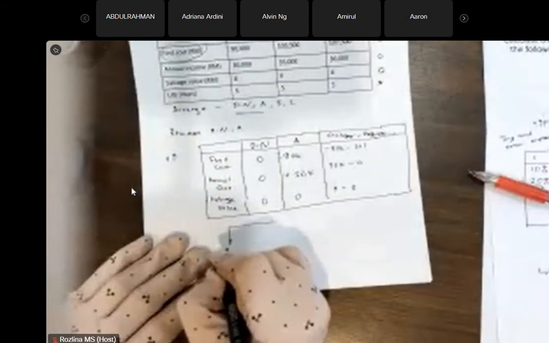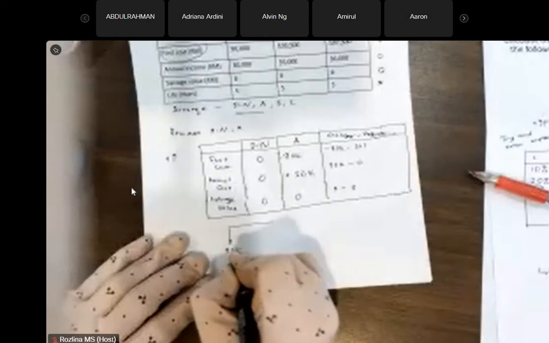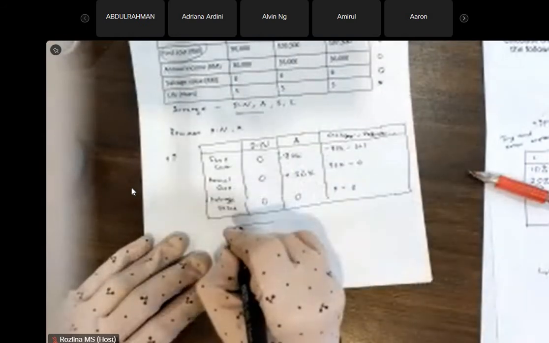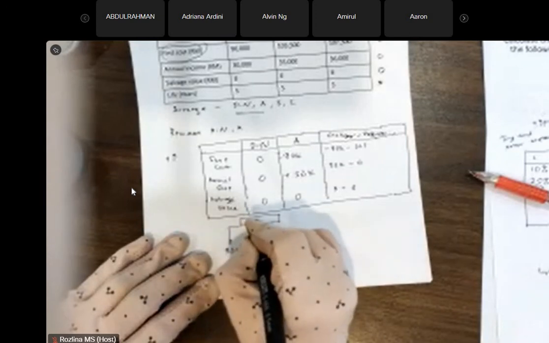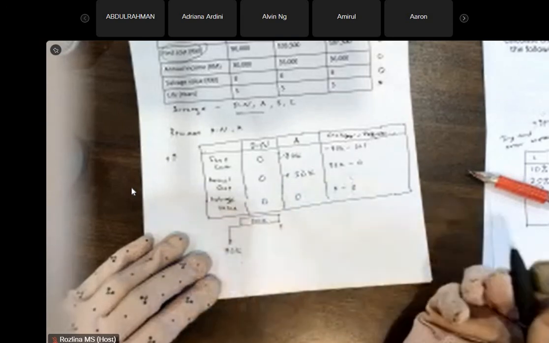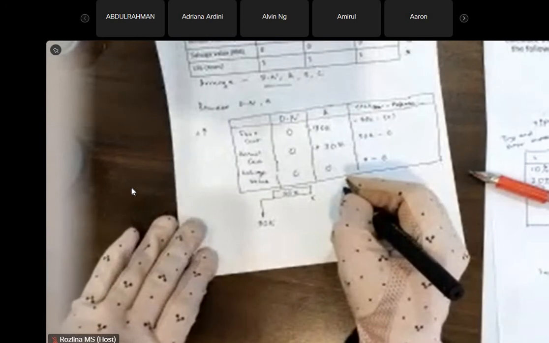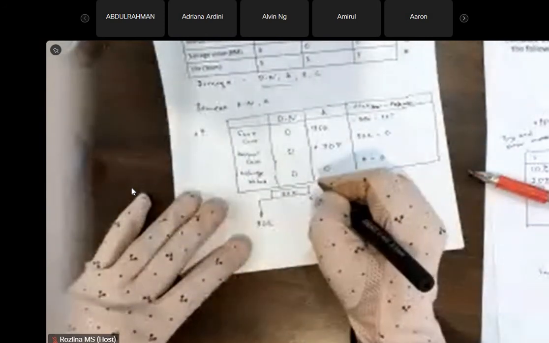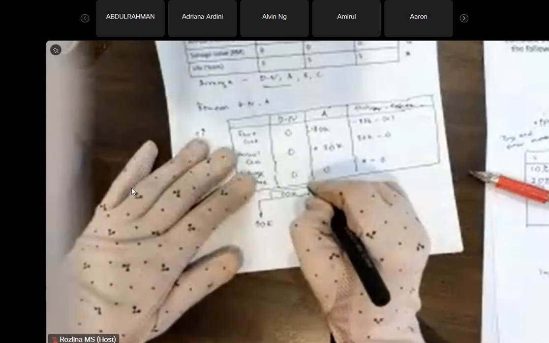No need to write negative because the arrow shows it is negative. The annual cost is 30k, positive, in 5 years. Then the salvage value is 0.